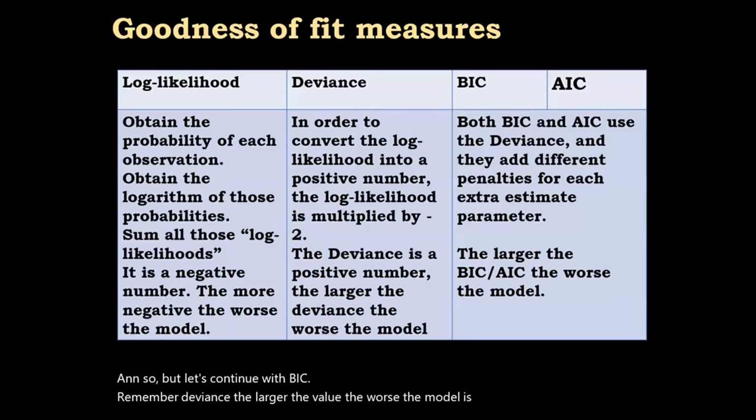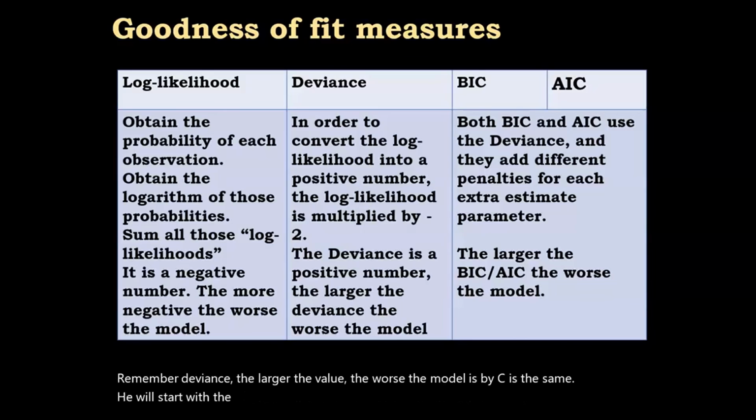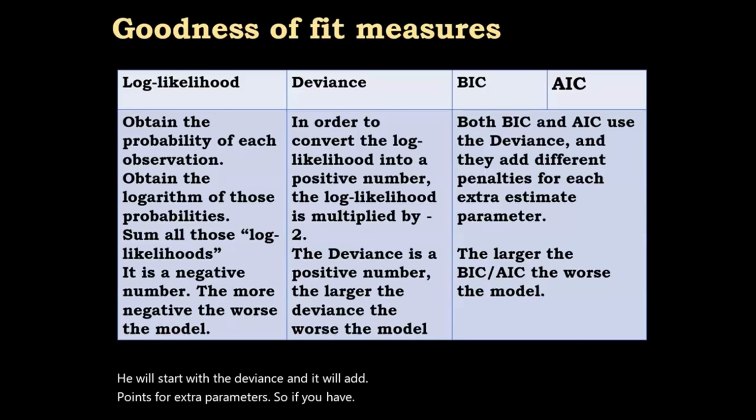BIC is the same. It will start with the deviance and it will add points for extra parameters. So if you have extra parameters, you're going to have a larger value. Now, when we compare models, we are going to obtain a BIC for each of the models. And then we just need to see which value is larger or smaller. And the smaller the BIC, the better the model.